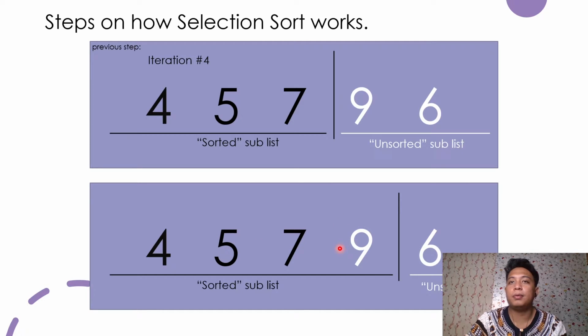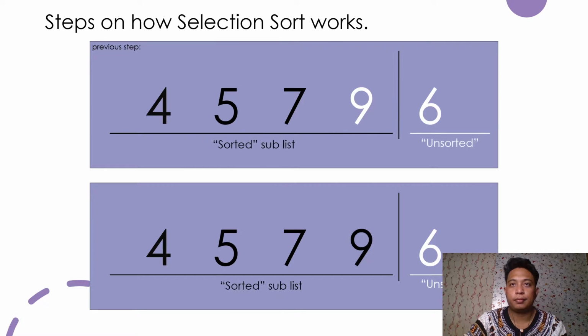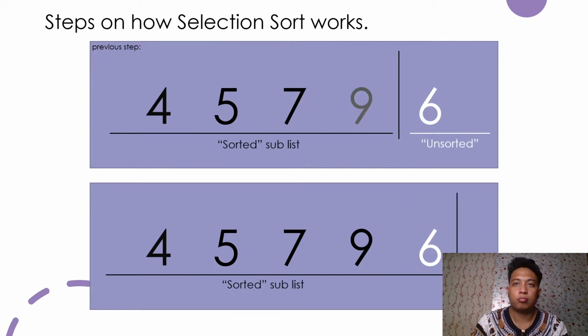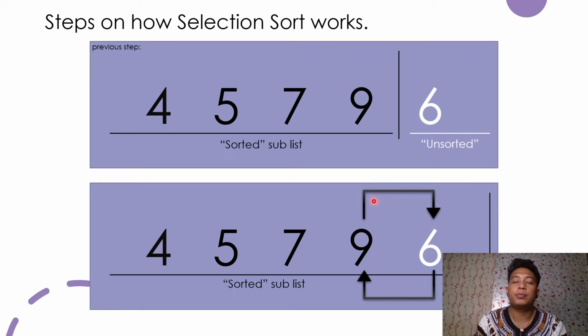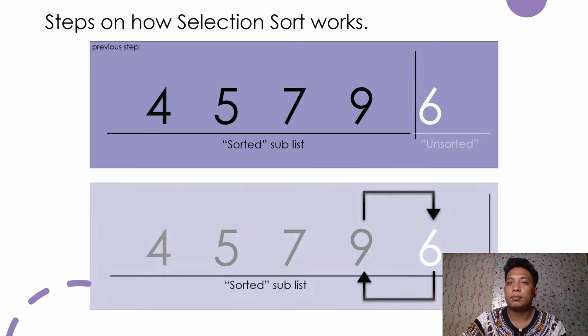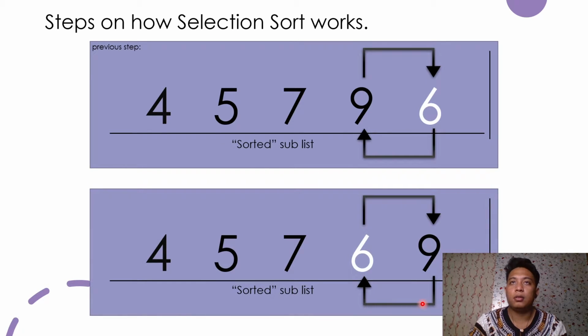The next step will be we'll take number 6 and compare it to number 9. Is 6 lesser than number 9? Yes, since number 6 is lesser than number 9, we'll switch these two. So it is already switched.